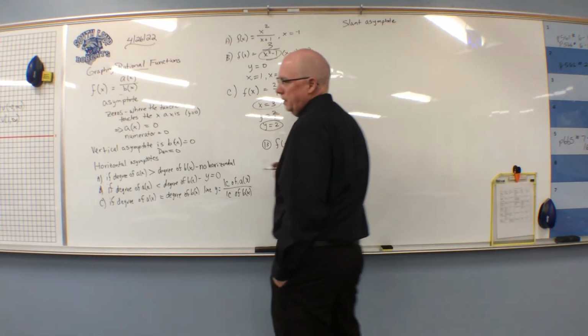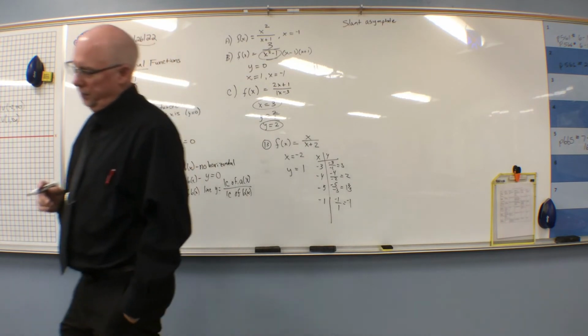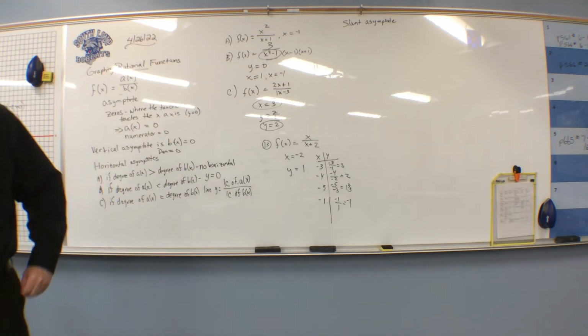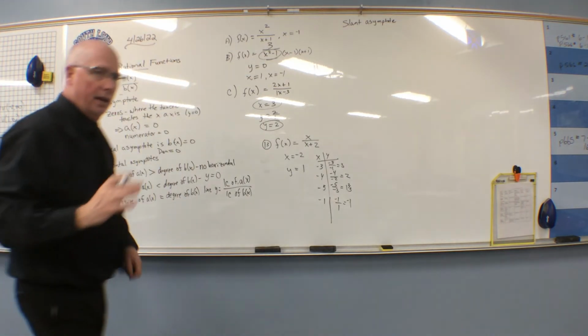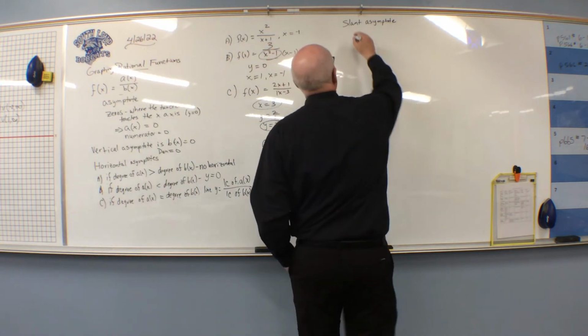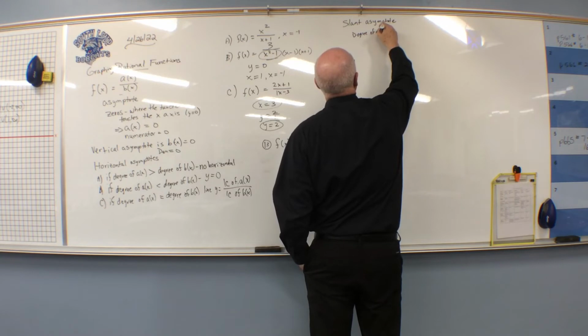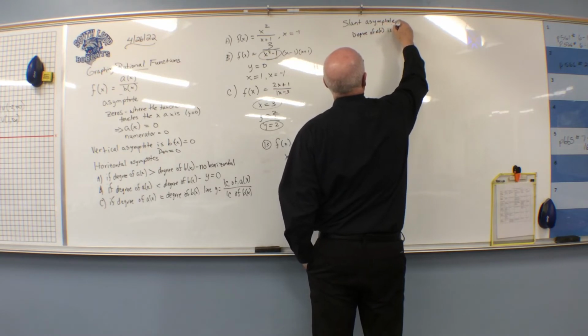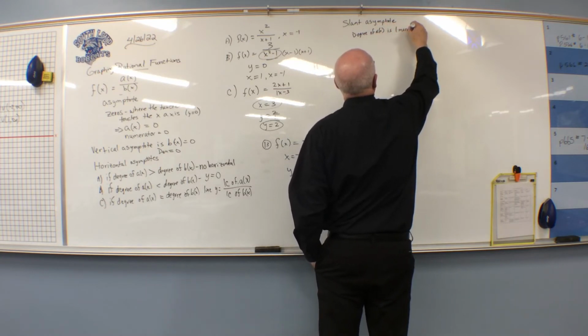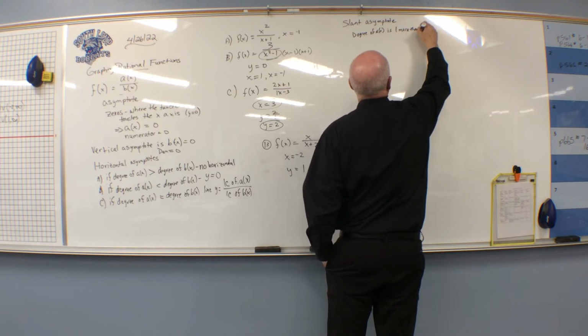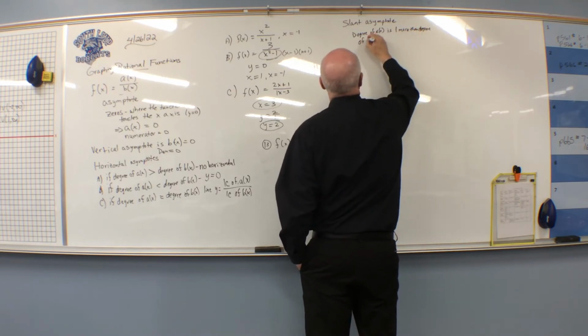Okay, a slant asymptote is the toughest. How do we know when we have a slant asymptote? It is when the degree of a of x is 1 more than the degree of b of x.